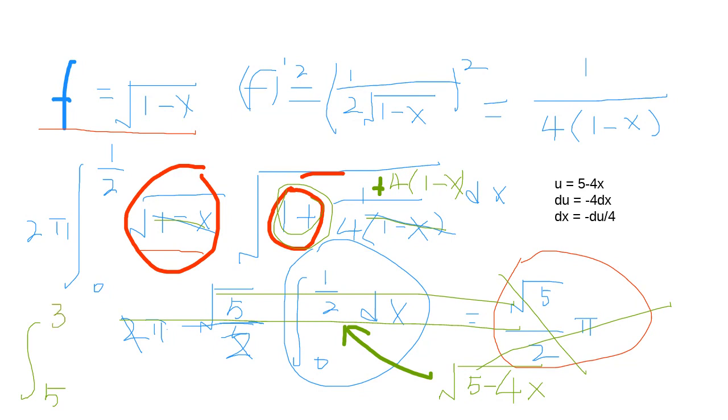Then the square root of 5 minus 4x dx. Oh, no, I want to change this to u. That's u raised to the half. Then dx becomes negative du over 4. Right, so again, negative 1/4 up front.